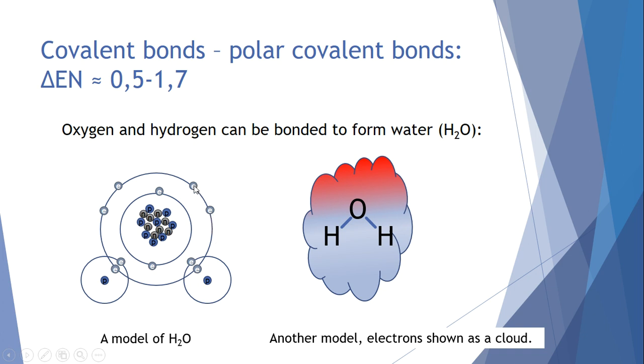Oxygen also has free electron pairs, free valence electrons, as you can see up here. So we're going to get a structure where half of this molecule is going to be way more electron dense, more tightly packed with electrons, and one part that's going to be less packed with electrons because oxygen is pulling them away.